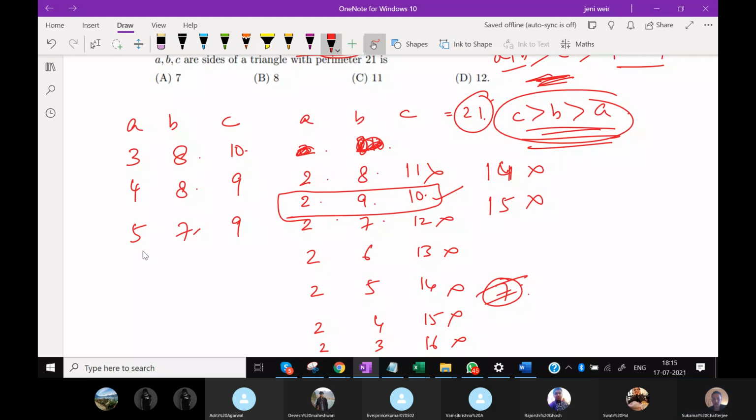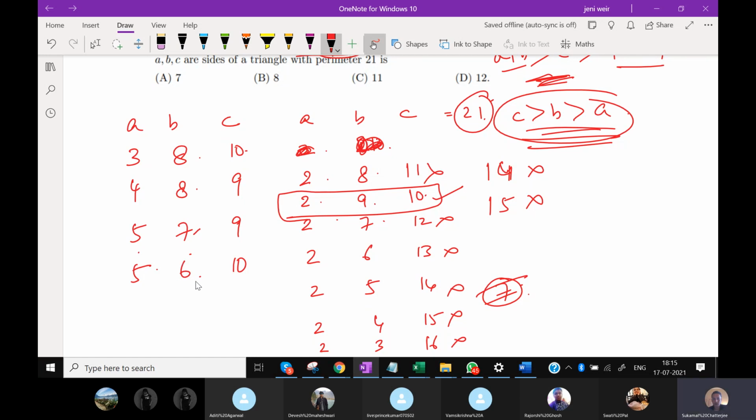Okay. Then 5, it has to be 9 and 7. So 5 plus 7, and if I take 6 and 10, so with 5, I can also take 10 and 6.